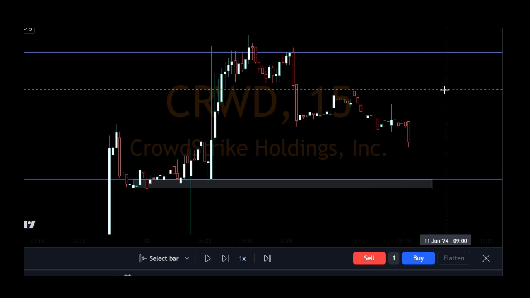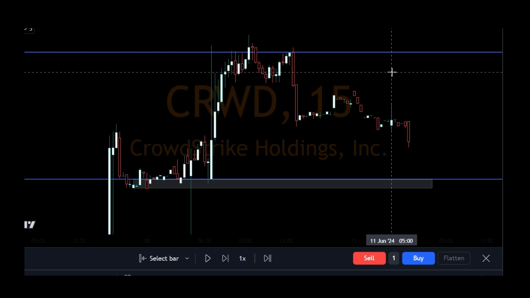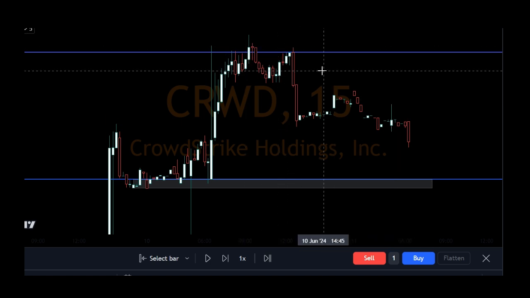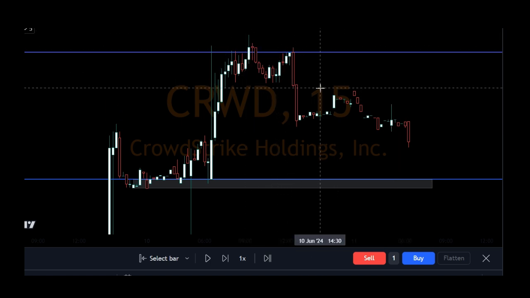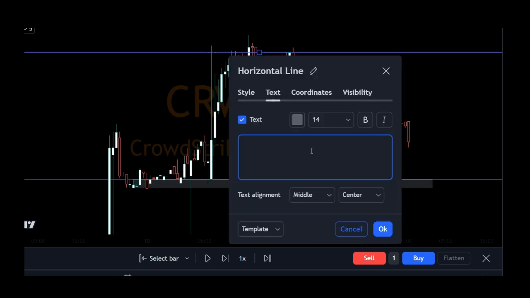Okay, so these will be the levels. Definitely will not take any longs if it's not closing above this level here. I'm going to label them because I don't think you can see my pricing. 382.82.